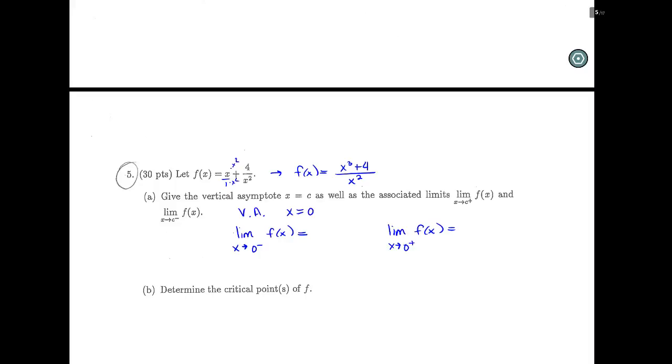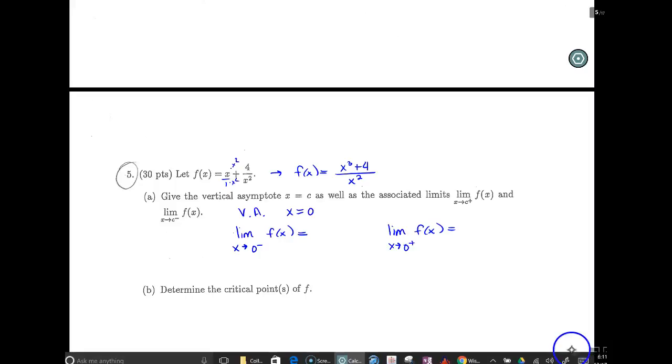So from the left, again, you could also look at plugging in really small values. If I plugged in, let's say, -1, I'd still get something positive. And what happens when this gets smaller and smaller? Let's confirm that.